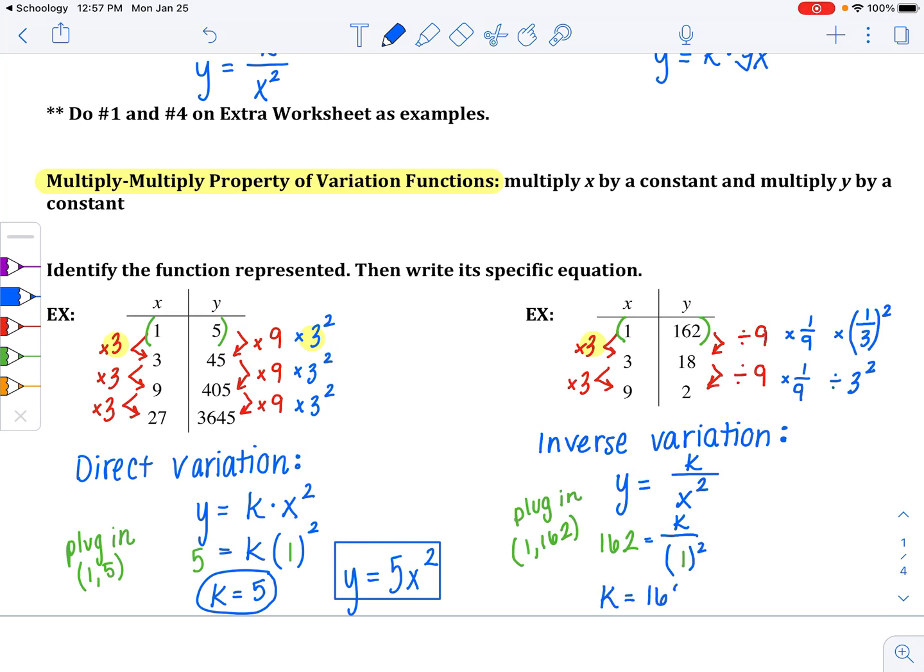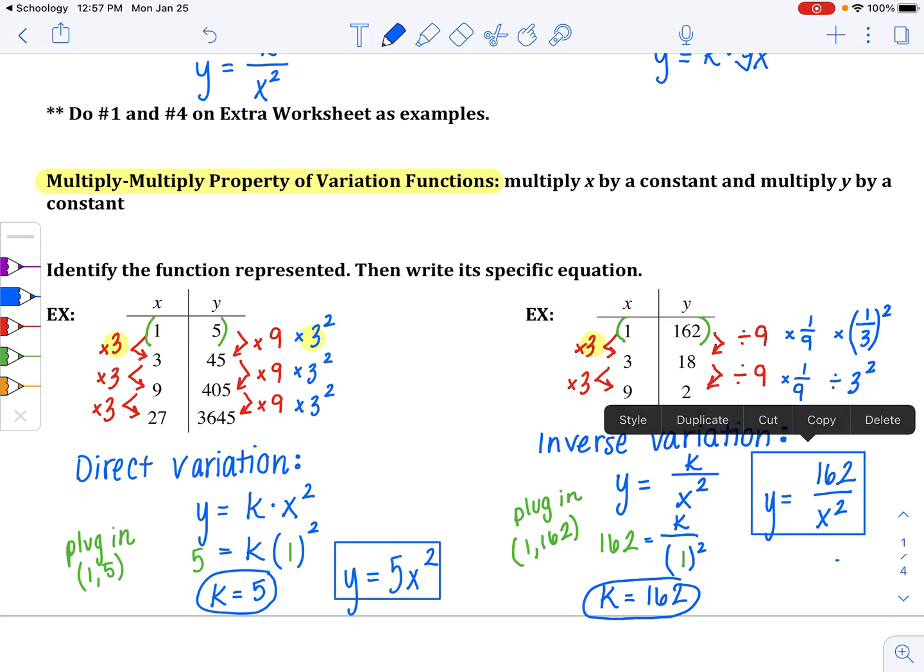Constant equals 162, which leaves us then with our inverse equation, y equals 162 over the square of x. We knew it was inverse because the y values are decreasing and because you are multiplying by that fraction or dividing as you go.